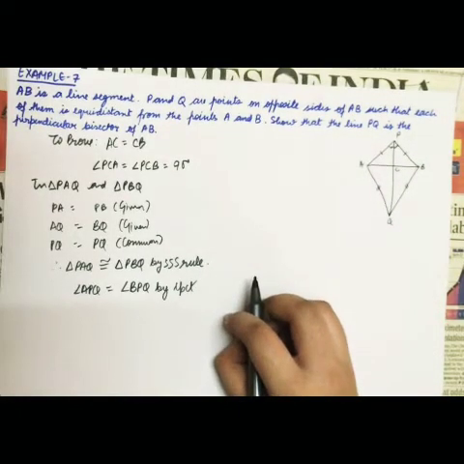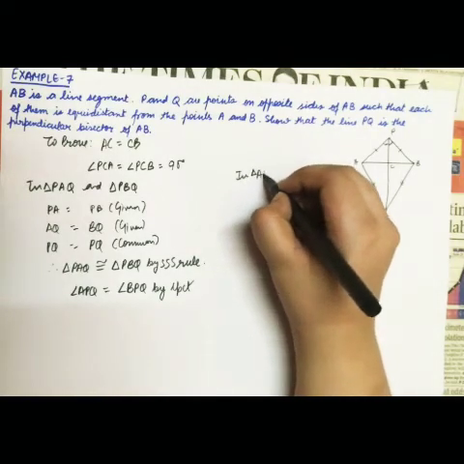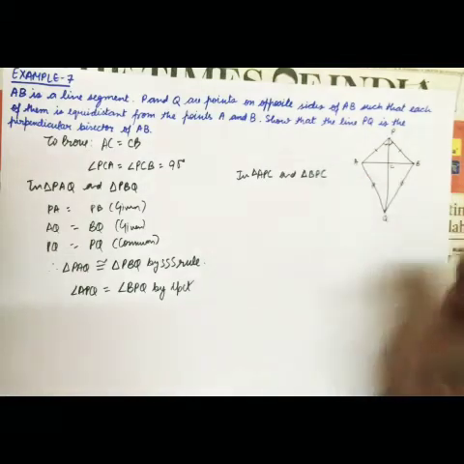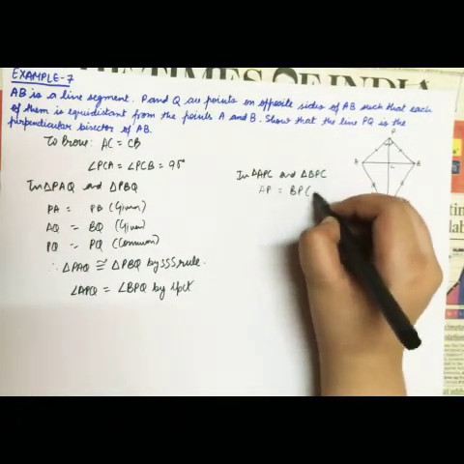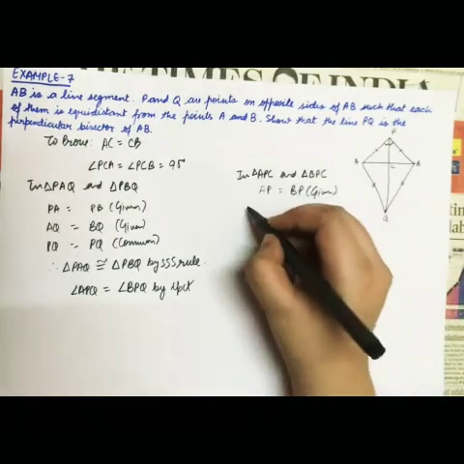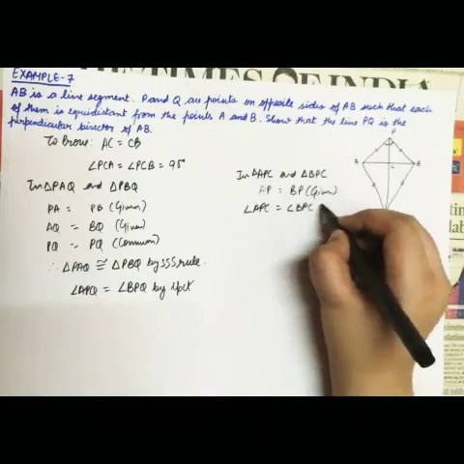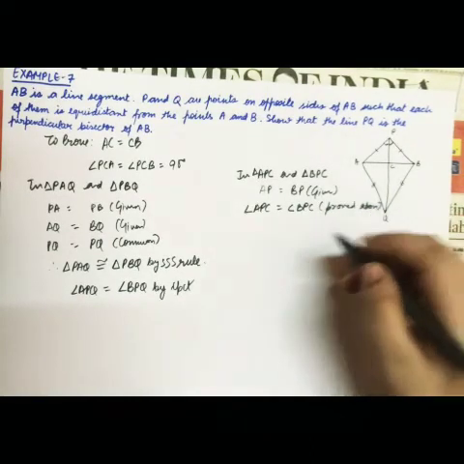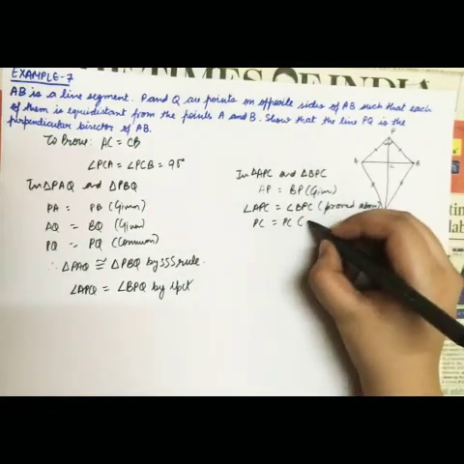So now in triangle APC and triangle BPC, AP is equal to BP, which is given. Angle APC is equal to angle BPC, we have proved above. Now PC is equal to PC as they are common.